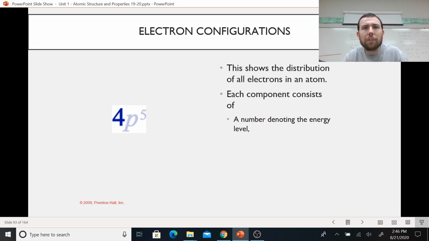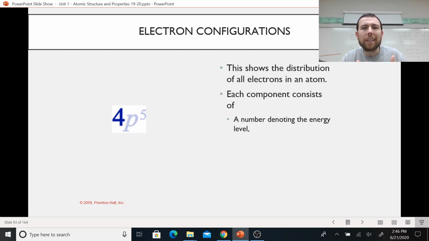So you looked at all these different components, and it's all been leading up to our ability to write and assign locations for all of the electrons within an atom. Okay, and so just starting with a real basic definition, an electron configuration shows us the distribution of all of the electrons in an atom.